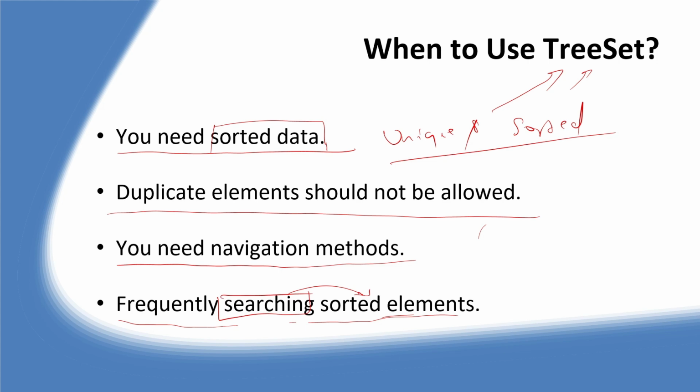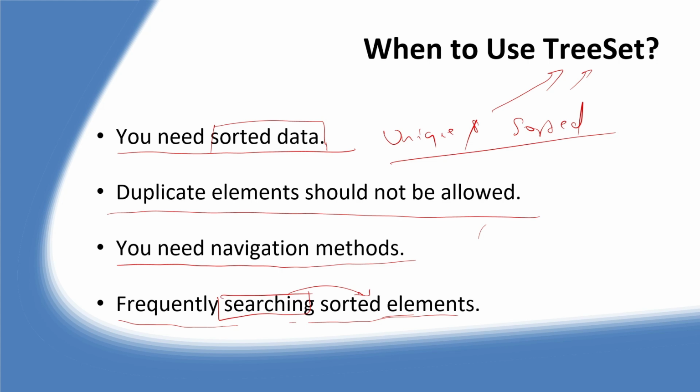So we should know the hierarchy and the features first, and based on that, we should analyze what our requirement is and take the decision. I need sorted data, I need elements to be unique. In that case I will choose TreeSet.